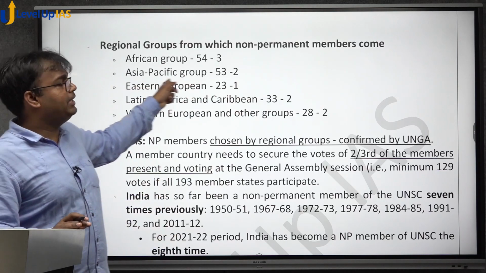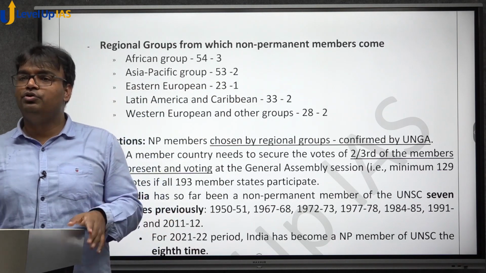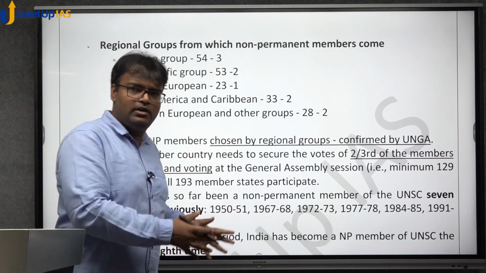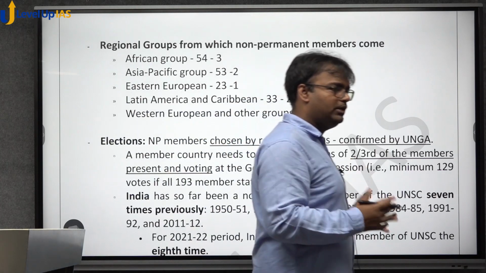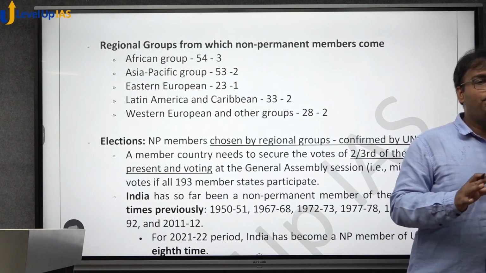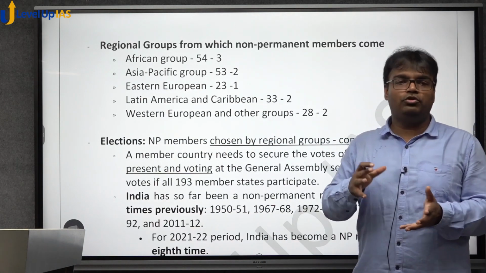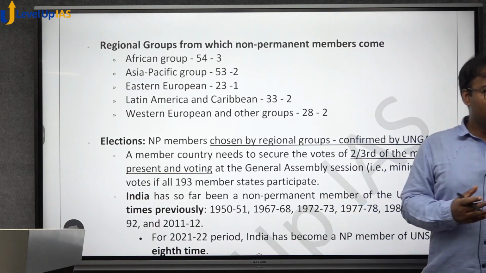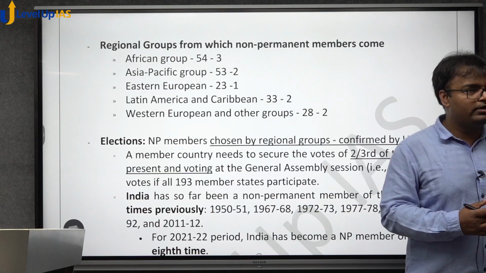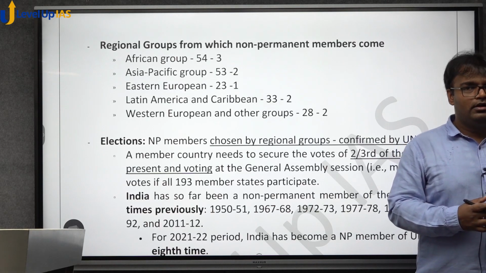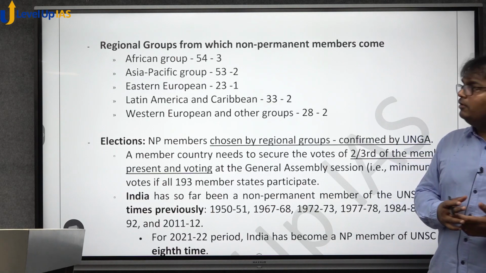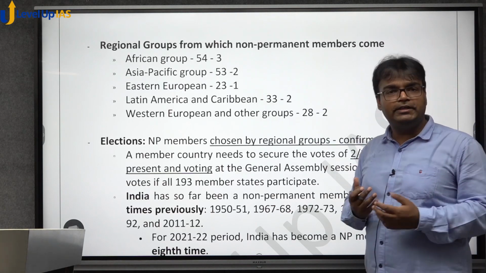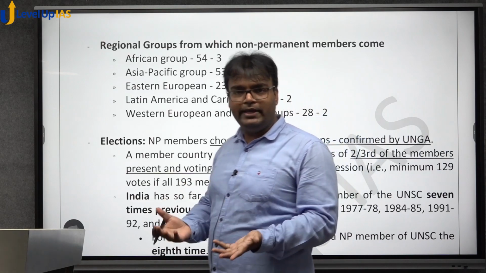Whereas from Asia Pacific, we only have 2 non-permanent member seats available. We'll come to this bias, this discrimination separately, but non-permanent members also have been geographically distributed. So if a seat gets emptied, like when India's 2-year term is over, a non-permanent member from Asia Pacific would be replacing India, not anyone else.